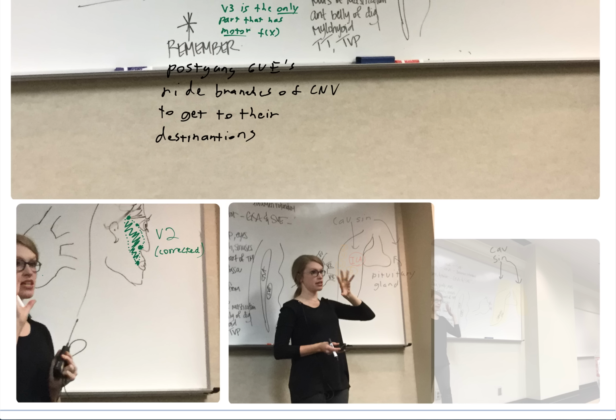So the cavernous sinus is a space that's full of venous blood that flanks both sides of the hypophyseal fossa. Okay? So it's venous blood, so sinuses that are draining from the eye, that are draining from the middle cranial fossa, they're all kind of mixing up there.